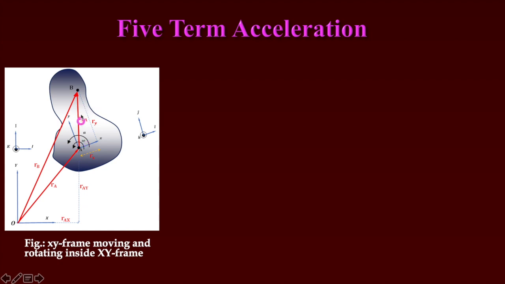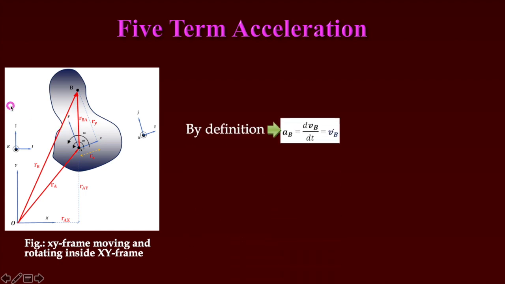Similarly, RBA is the vector summation of these two components, Rx and Ry. The unit vectors with respect to the fixed reference system are capital I, J and K, whereas in the moving reference system they are small i and small j, in the direction of small x and small y.